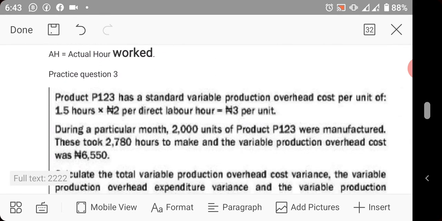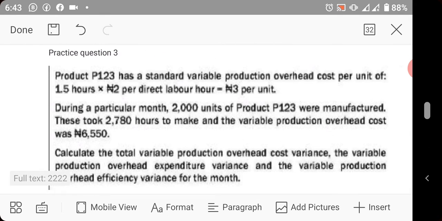So we'll just take a question straight. Product P123 has a standard variable production overhead cost per unit of 1.5 hours at 2 naira per direct labor hour. So the product takes 1.5 hours to produce the finished goods.